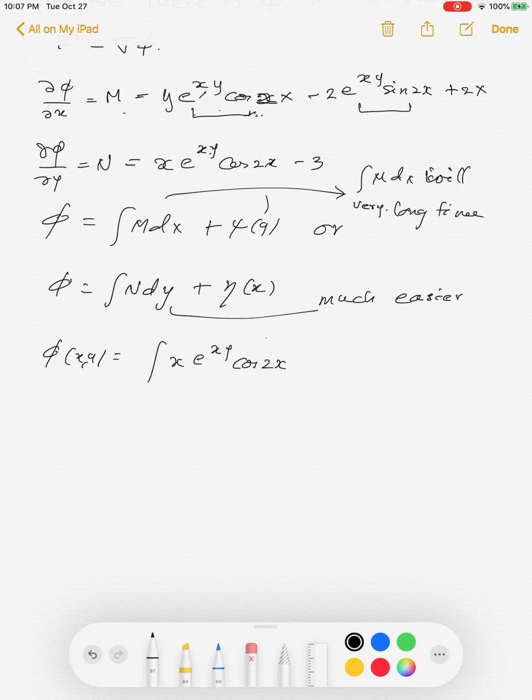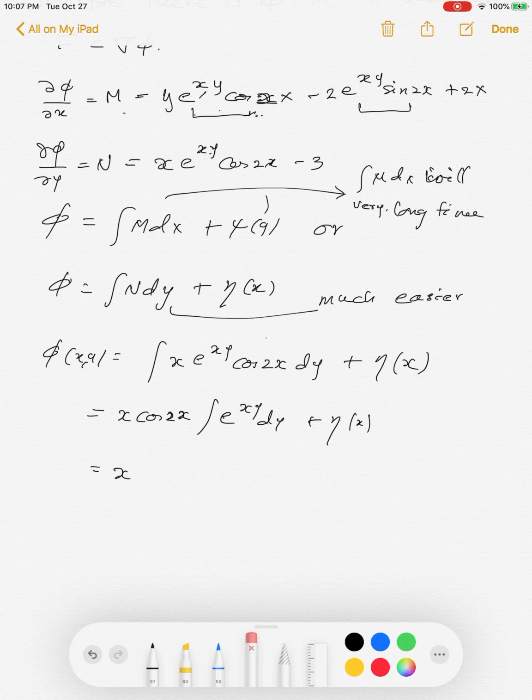So we'll start φ(x,y) by integrating N with respect to y plus some function η of x. And what does that say? The x cos 2x are constants because they have only x in them. So it will be just the integral of e^(xy) dy plus η(x).